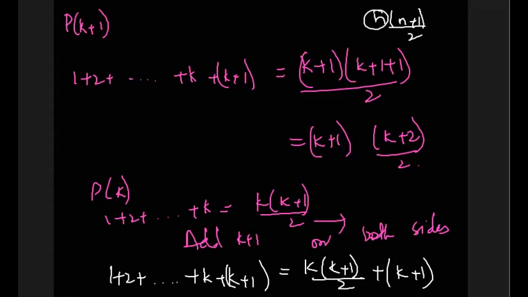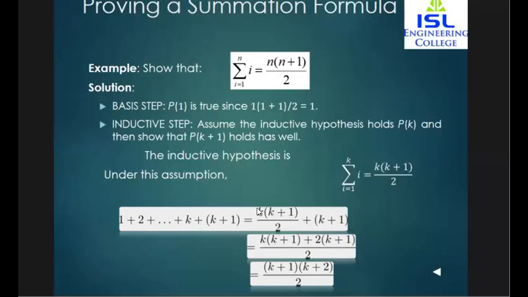If you notice, the equation that I have just written is the same as here: 1 plus 2 plus and so on up to k plus 1, where we have added k plus 1 on both sides. Now for this side we take the complete LCM: k into k plus 1 plus 2 into k plus 1, by 2.